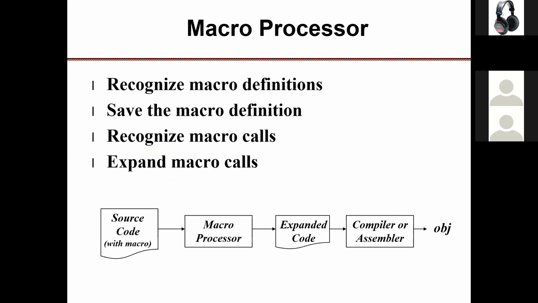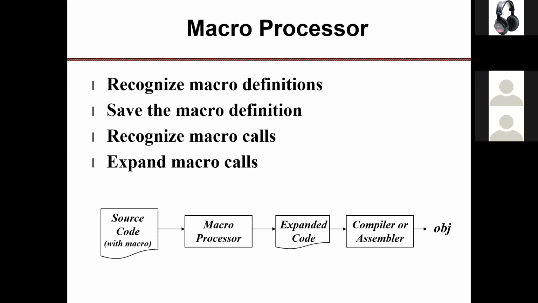So let's go over the high-level definition then of a macro processor. The processor needs to be able to recognize that we have defined macros here. We, the programmer, have created some macros by doing some macro definitions.